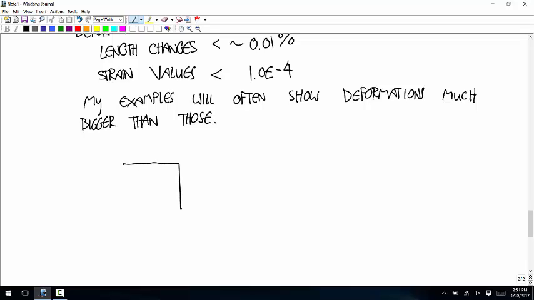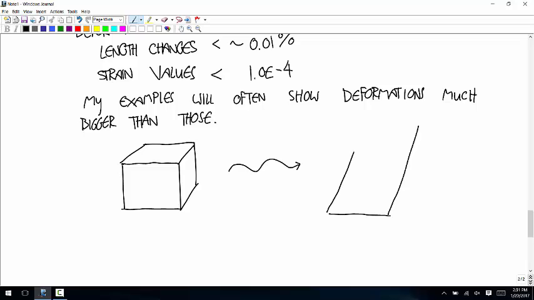Okay, so here are the deformations that we're going to see. If this is a cube that represents the reference shape of a local neighborhood of a point, after the deformation there are going to be angle changes and length changes.